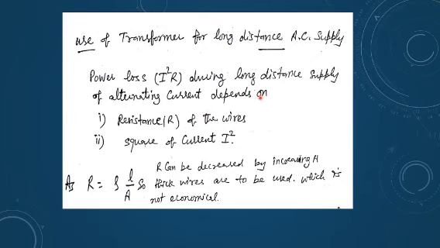It depends upon two factors. One is the resistance of the wires used for transmission. If the resistance is more, then the heat loss or power loss will be more. And second is the square of the current, that is I squared.